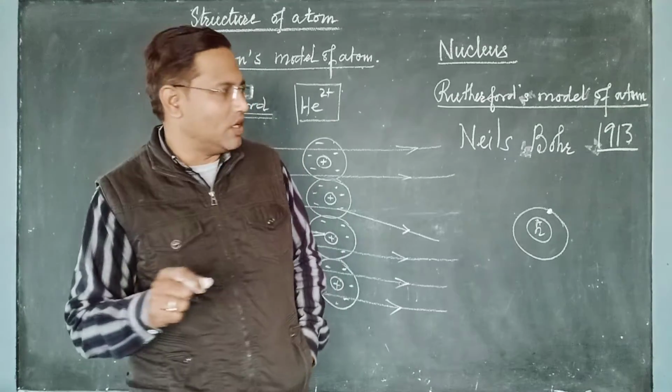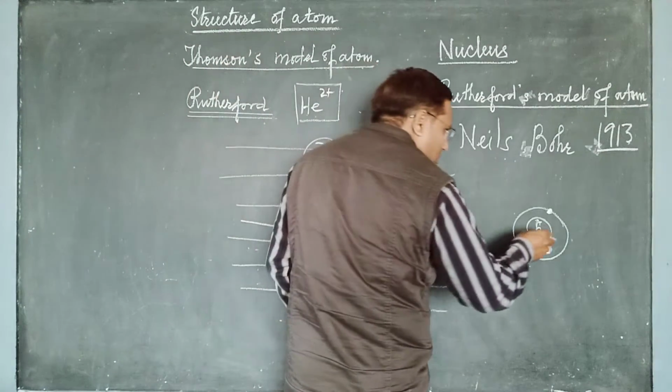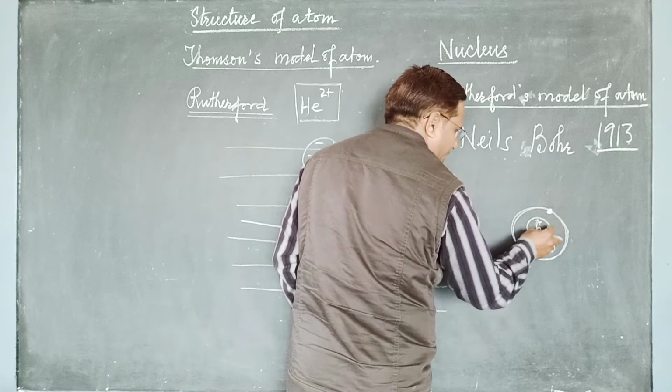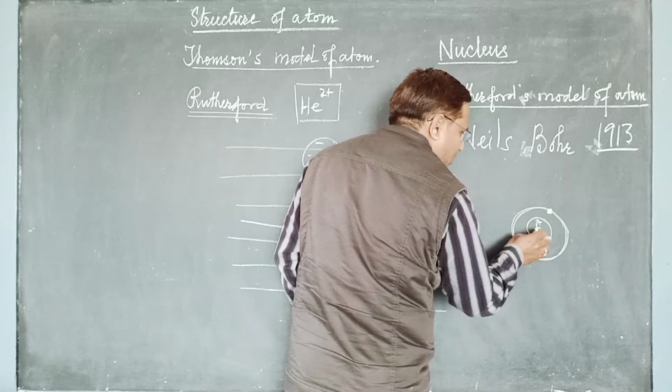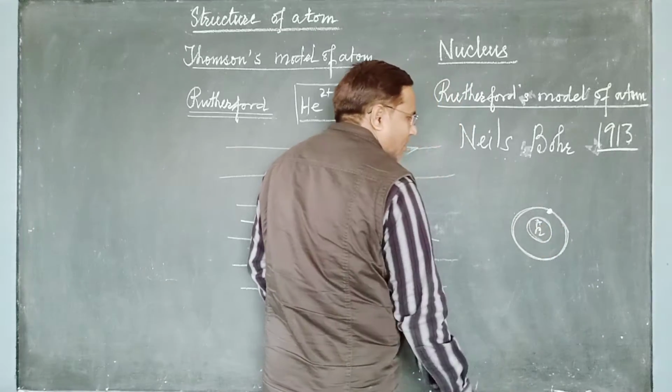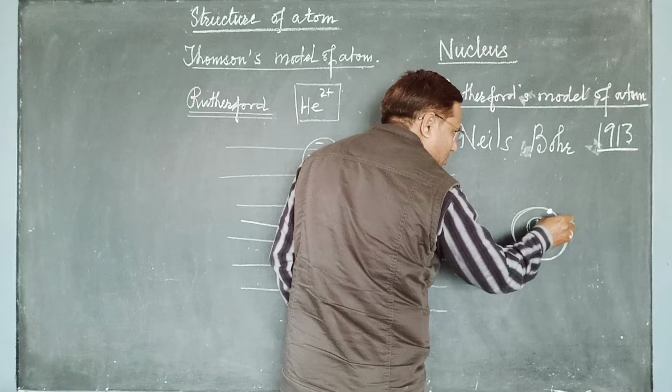And he also told that this orbit here has some radius. What is the radius? That means the center of the nucleus, and this is the orbit.